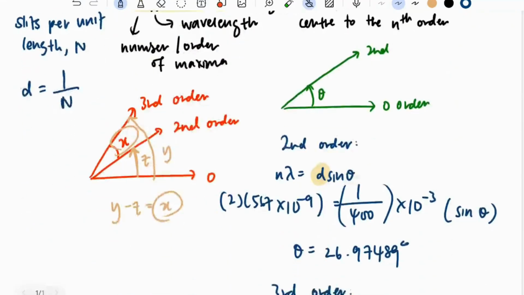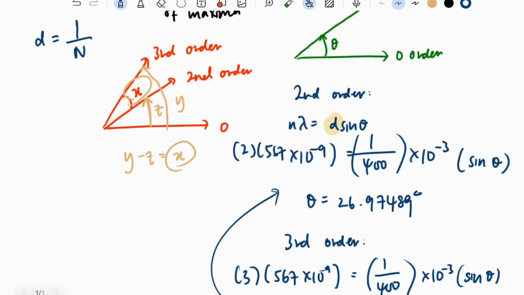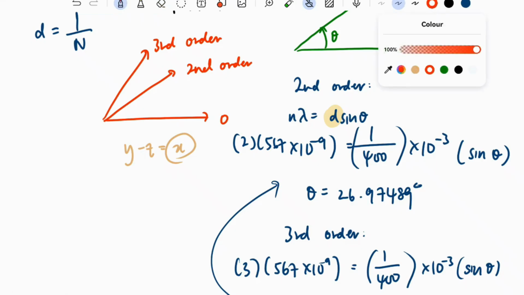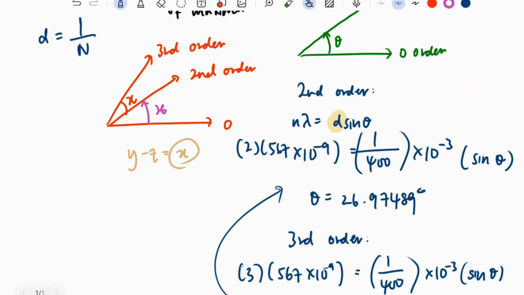So now, to find what the question wants, which is the angle between second order maximum and third order maximum, you've got to minus these both. Okay, so let me label it in the diagram and perhaps we can see it clearly. So the question wants us to find this x, the one I labeled in red. We know our second order angle is, okay, this is not drawn to scale, so I'm just roughly drawing it.